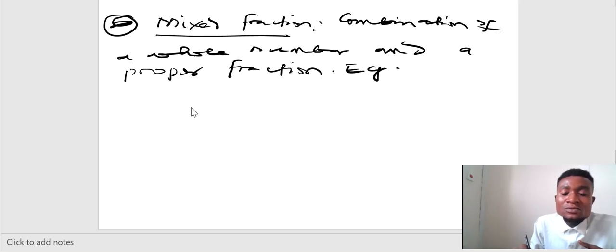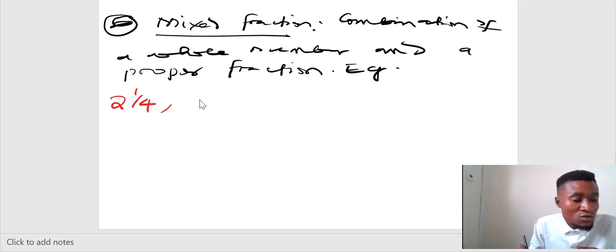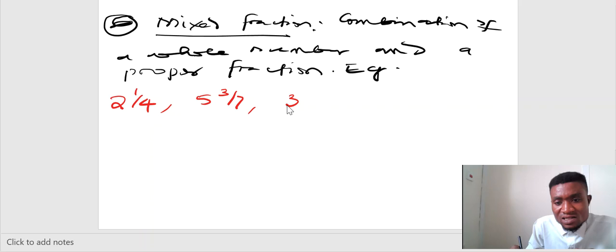For example, here we have something like 2 whole number 1 over 4. We also have something like 5 whole number 3 over 7. You can also have something like 3 whole number 4 over 6, as the case may be.